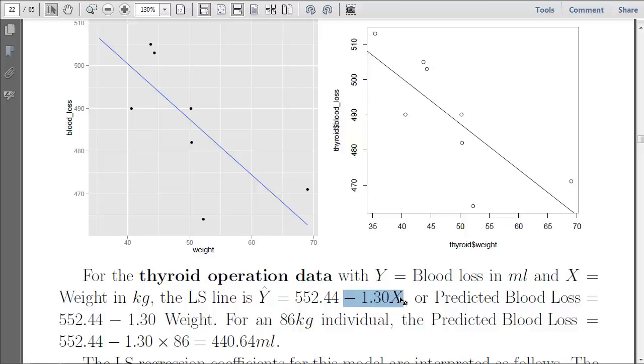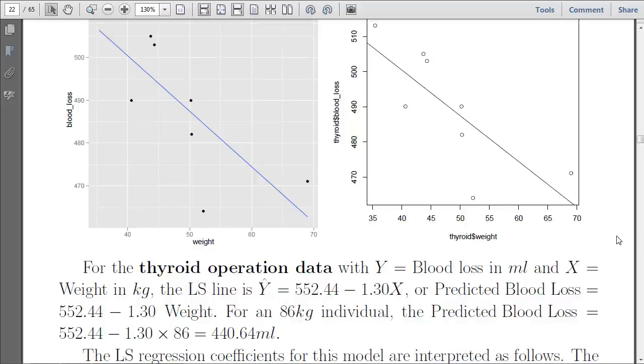There are many times where the intercept doesn't have a meaningful interpretation. You will never perform a thyroid operation on someone who weighs 0 kilograms. There are ways of making the intercept interpretable, in particular by subtracting the mean of all the x values, but we won't get into that right now.